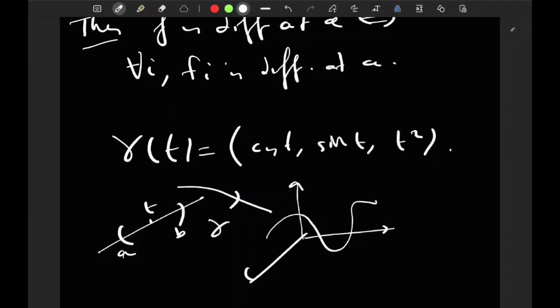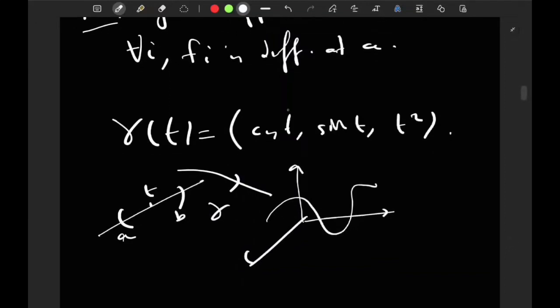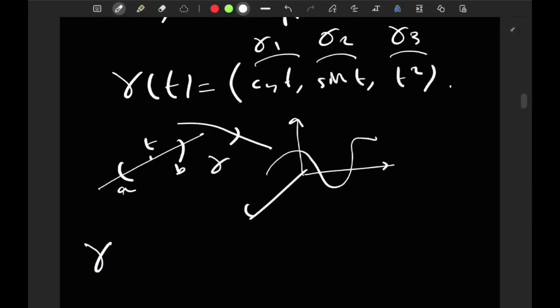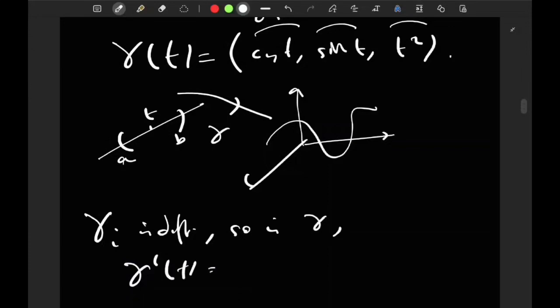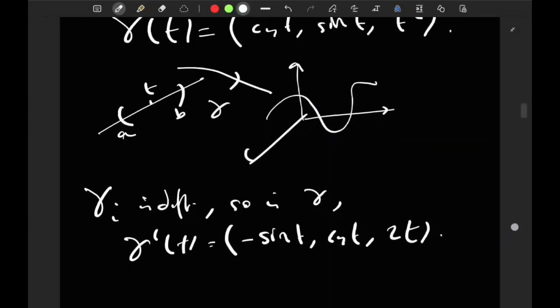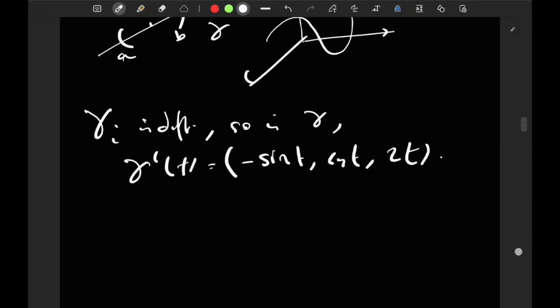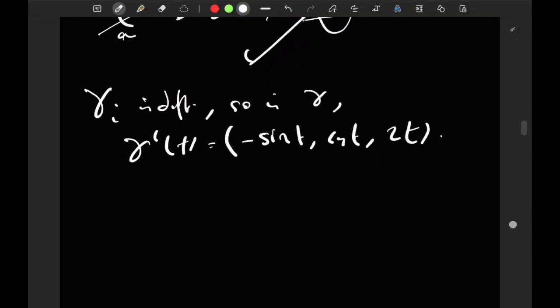We'd say this is the first component gamma 1, this is the second gamma 2, and this is the third gamma 3. Then since each gamma i is differentiable, so is gamma, and gamma prime of t, you just differentiate each component: the first is minus sine t, the second cosine t, the third 2t. And that's secretly what we were doing last time.